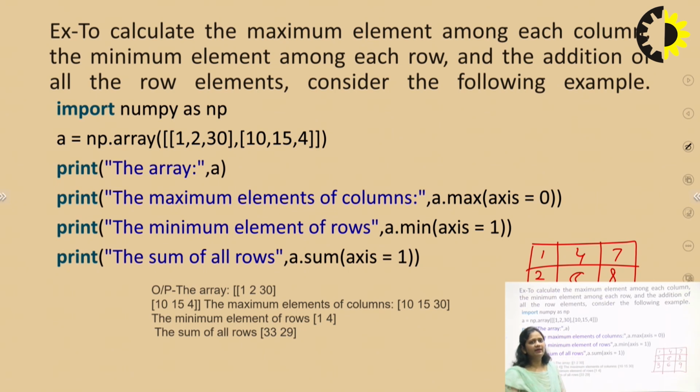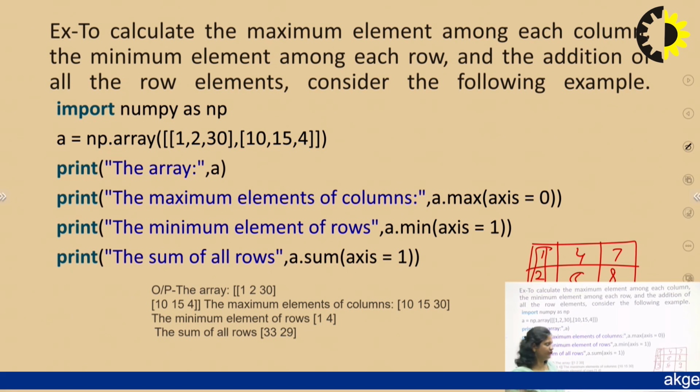The maximum element in the first column is 3, in the second column it is 6, and in the third column it is 9. Okay. The minimum element among each row: that will be 1, 2 and 3.